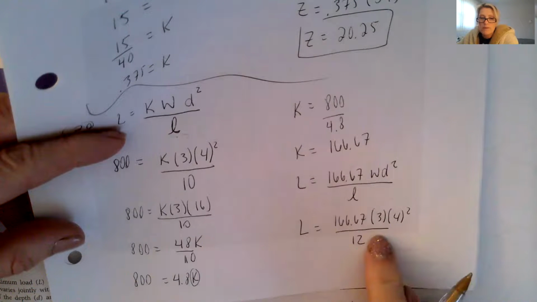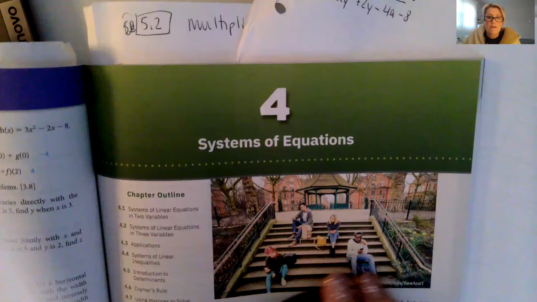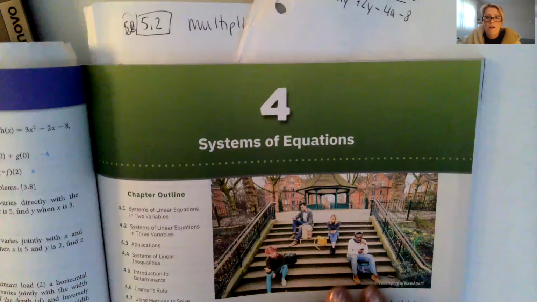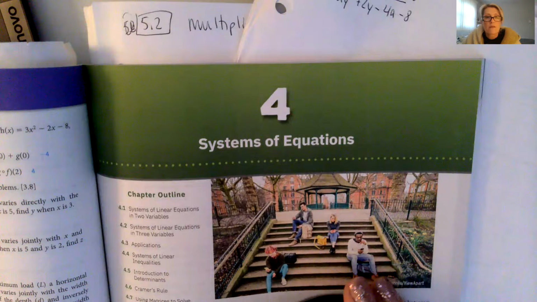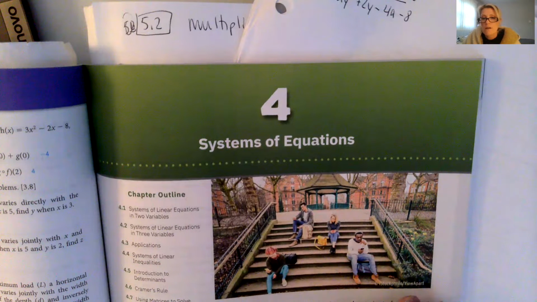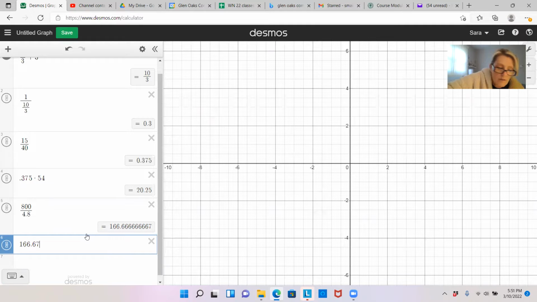So we're going to type this into decimals here. Okay. So we've got 166.67.